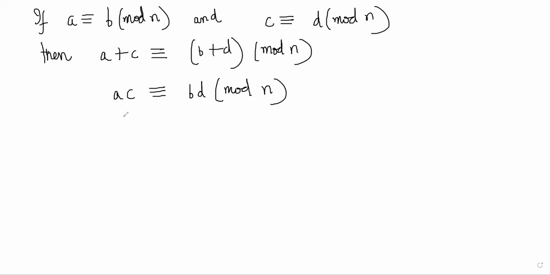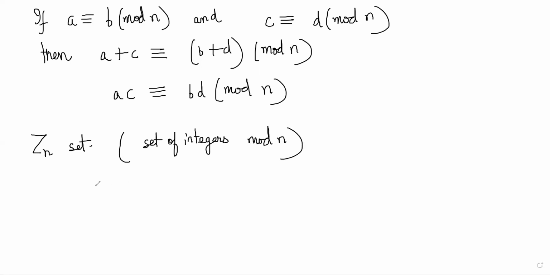Now we talk about what is the meaning of the Zn set. So Zn was the set of integers modulo n, right? In this set, basically any integer, let's say n is 5, for example. If n is 5, what is Z5?